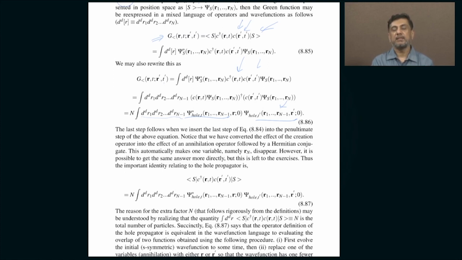So clearly you can imagine that if you create a hole at r at time t, and if you create a hole instead at r dash at t dash, and if r and r dash are very far apart, or if t and t dash are very different, then the answer would be not at all close to unity, because the system would have evolved a lot.